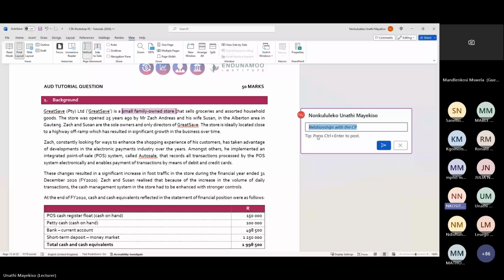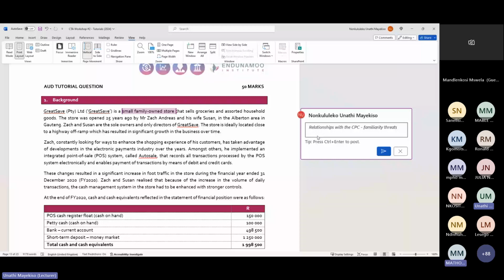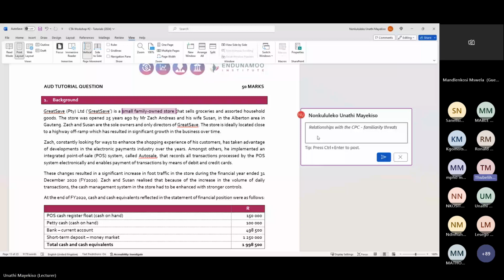My problem with it being a family business is that it will be easy to override the internal controls. Okay, so if we think that it's easy to override internal controls, when we speak about audit language, what do we say there? We say internal control weaknesses.